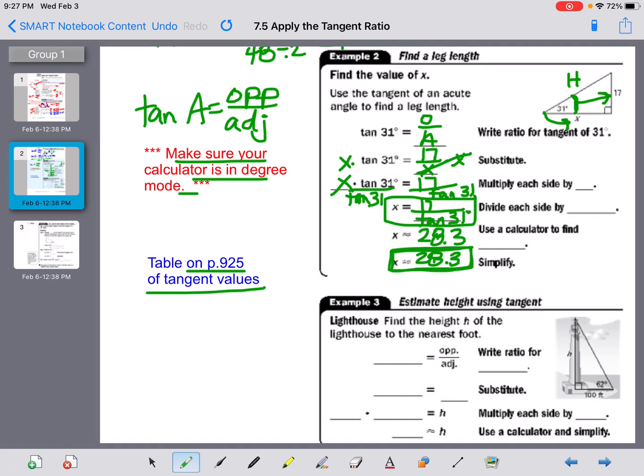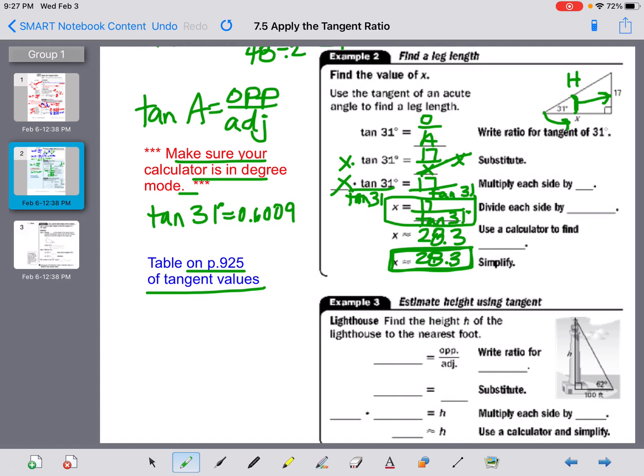Go back to your calculator and hit tangent of 31 just by itself. When I hit tangent of 31 in my calculator, I get 0.6009, rounded. By the way, that's the same number that would be in the back of your book in that chart. So let's say I don't have a good calculator that has the tangent on it.